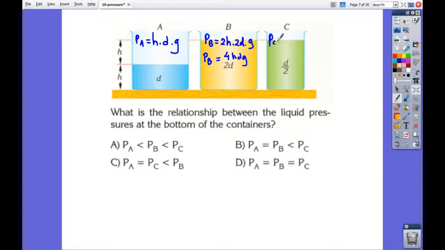The last one, PC, is 2H times D over 2 times G. Let's cancel this, and we have HDG. So the pressure at the bottom for A and C are the same, and B is bigger than both of them. So the answer is C.